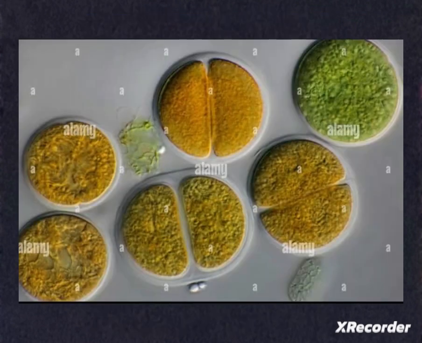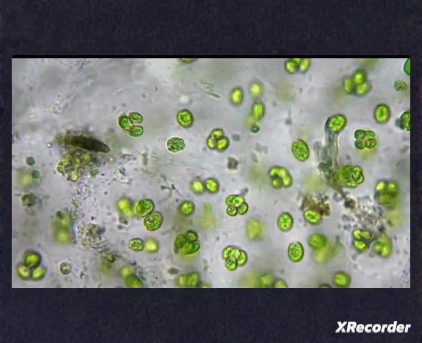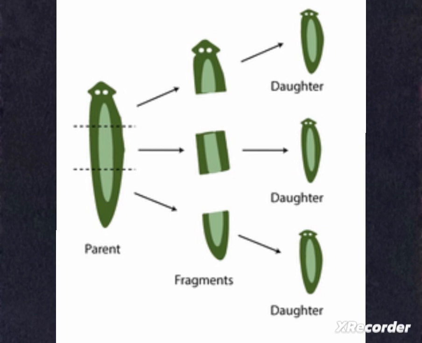This occurs naturally when a small part of the plant falls off into the soil and then grows up into a new plant. Each fragment grows into a new individual. Examples are algae and spirogyra.